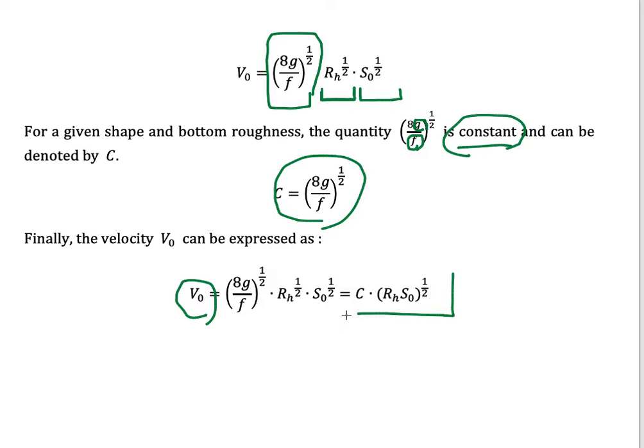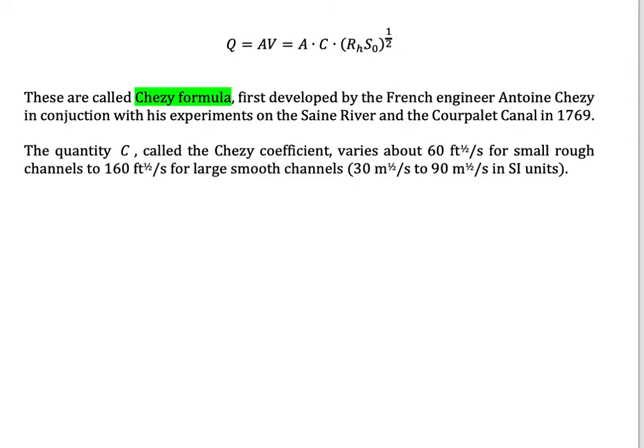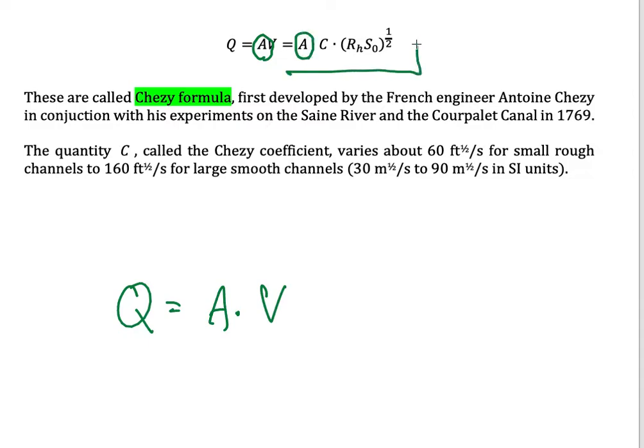So we have a simple equation of velocity. If we want to calculate the flow rate, we know that Q is equal to A times V, so we add A to this equation, and we have this equation.